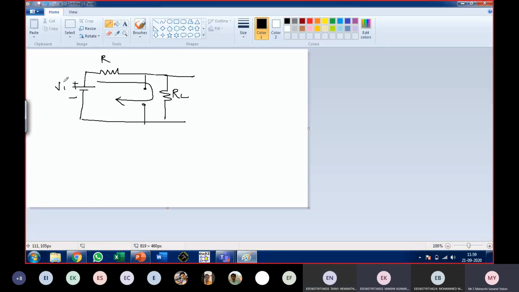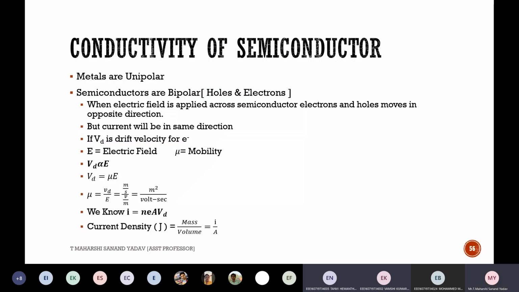This is IR. IR into R plus IL into RL minus Vi is equal to 0.